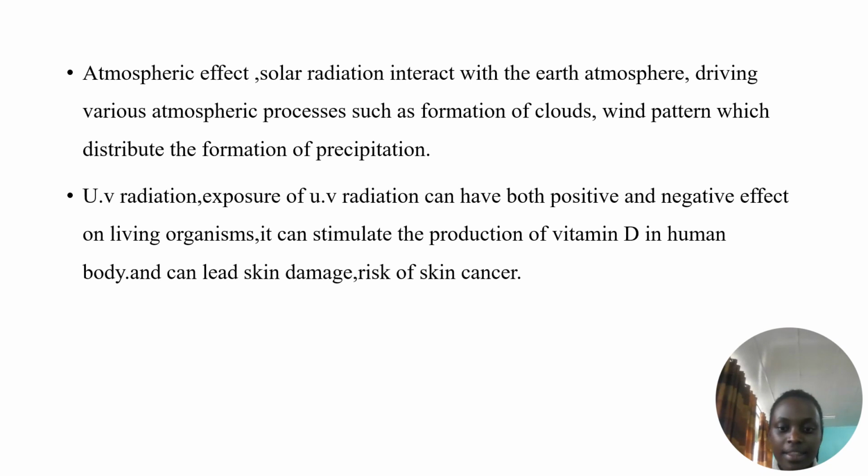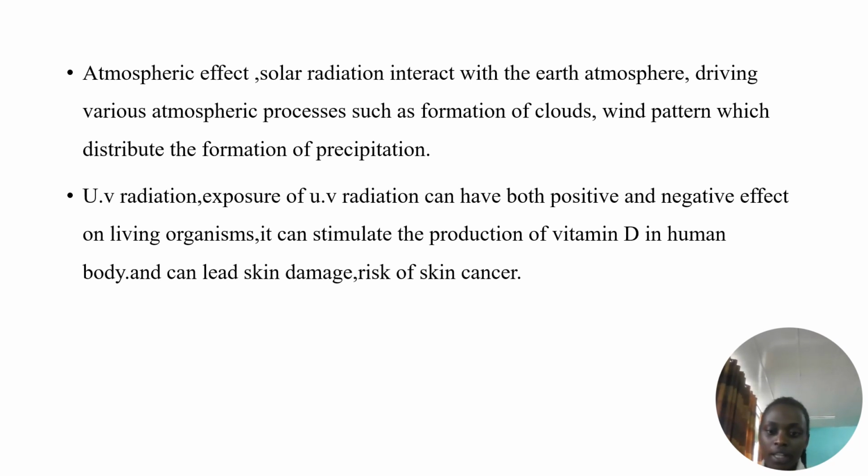Then another impact of solar radiation is the atmospheric effect. Solar radiation interacts with the Earth's atmosphere, driving various atmospheric processes such as formation of clouds, wind patterns, and the formation of precipitation.